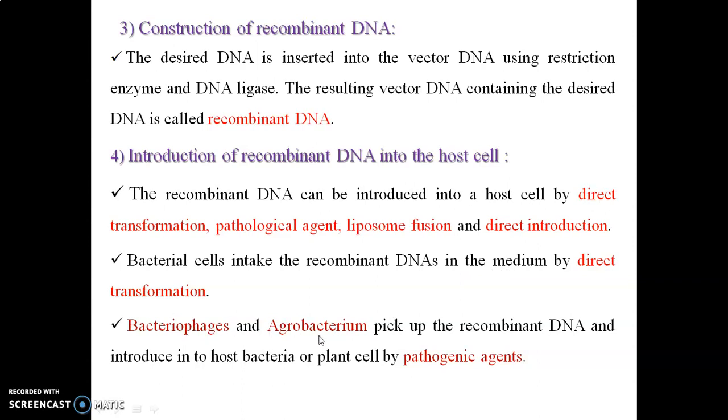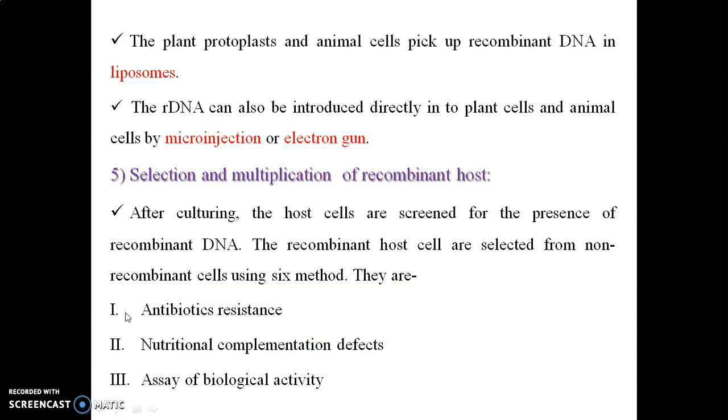Bacteriophage and agrobacterium pick up the recombinant DNA and introduce it into host bacteria or plant cells as pathogenic agents. Plant protoplasts and animal cells pick up recombinant DNA through liposomes. The recombinant DNA can also be introduced directly into plant and animal cells by microinjection or gene gun method.